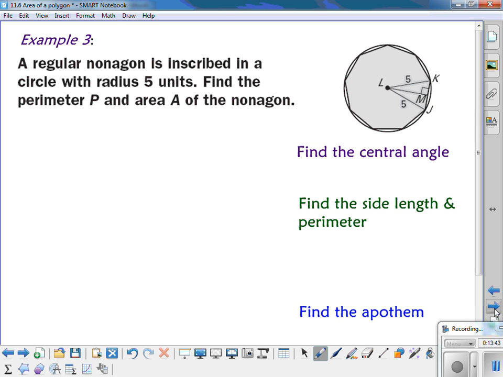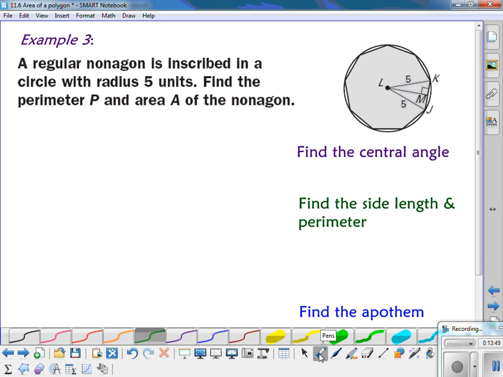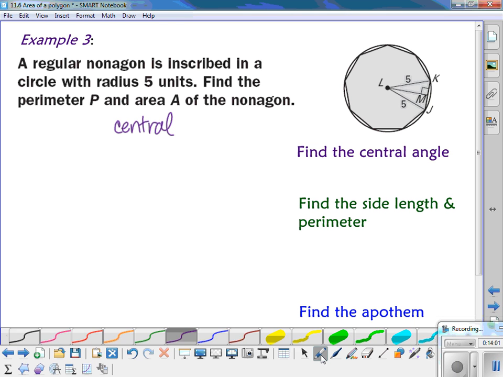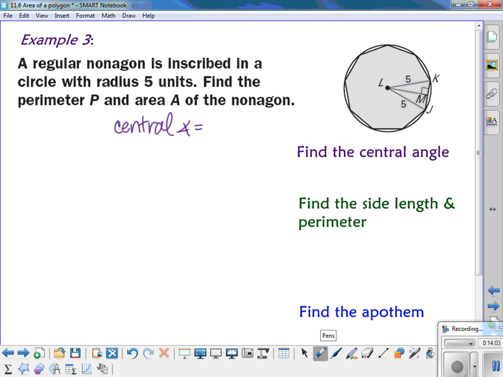So first, I need to figure out my central angle. My central angle is just going to be 360 divided by the 9 sides. And so the central angle in this case would be 40 degrees.